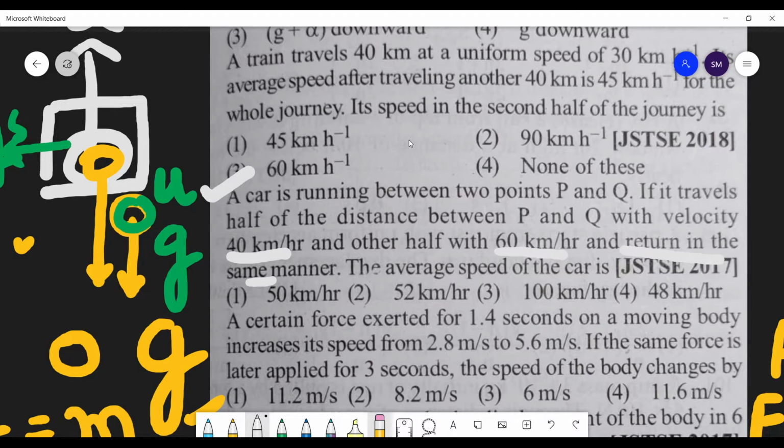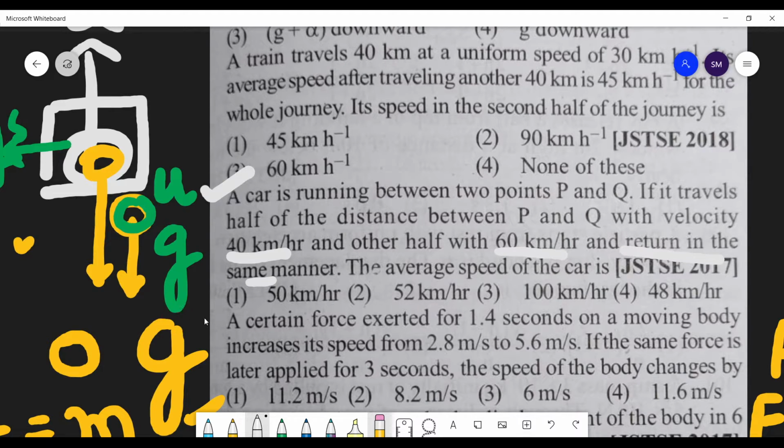But now the distance is the same, so you spend more time traveling with 40 km per hour, and 60 km per hour will take less time, isn't it? Common sense also tells you that the answer will be less than 50. The only option which is less than 50 is 48 kilometer per hour. So that is the correct answer.